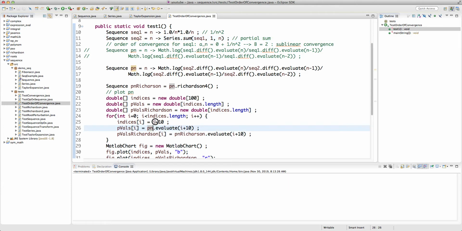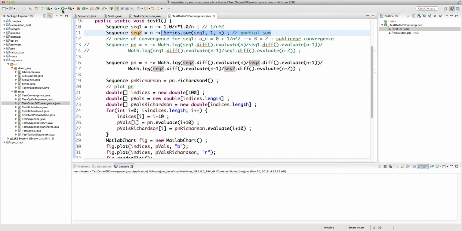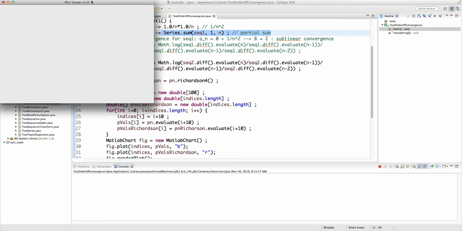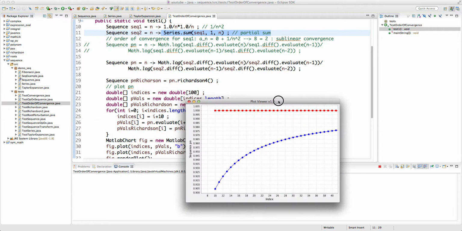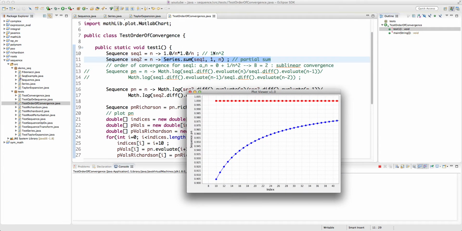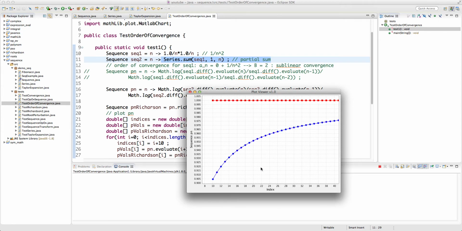So we have indices Pn now defined for sec2, which is the partial sum of sec1, and then Pn Richardson. Okay, yeah, we are still getting 1. So even if we create a partial sum of 1 over n squared, we're getting 1. So that means that we are still at a linear or sublinear convergence, one of these two.